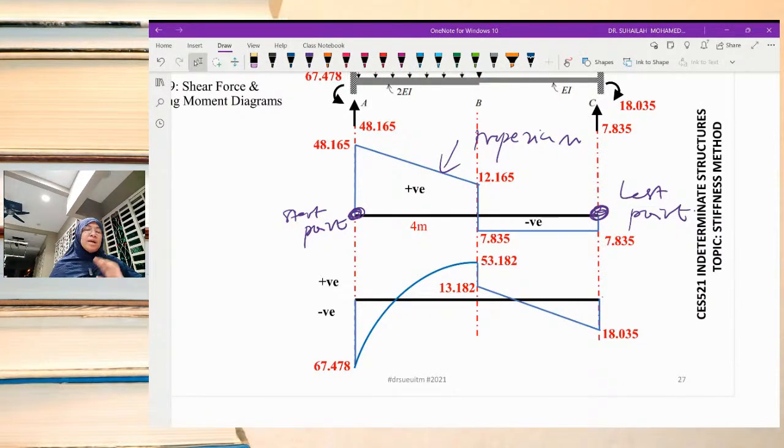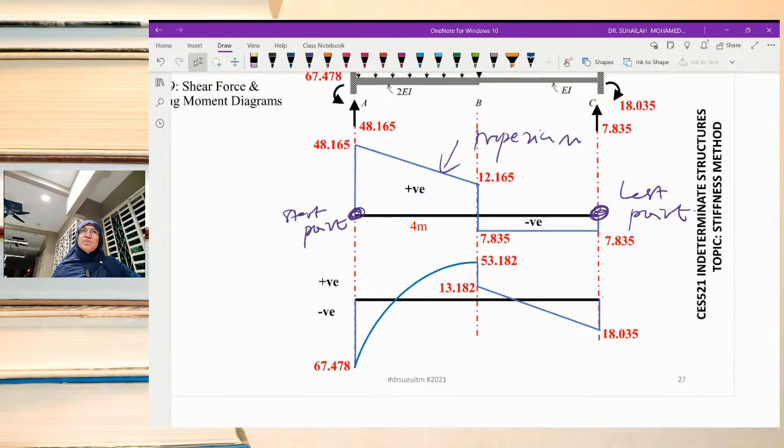Number one, we have to label the degrees of freedom according to unconstrained and constrained, so we have to label it carefully. After that, we have to calculate equivalent nodal forces. The idea is the member cannot carry loads, so we have to distribute to the nodes using the formula given in the appendix.